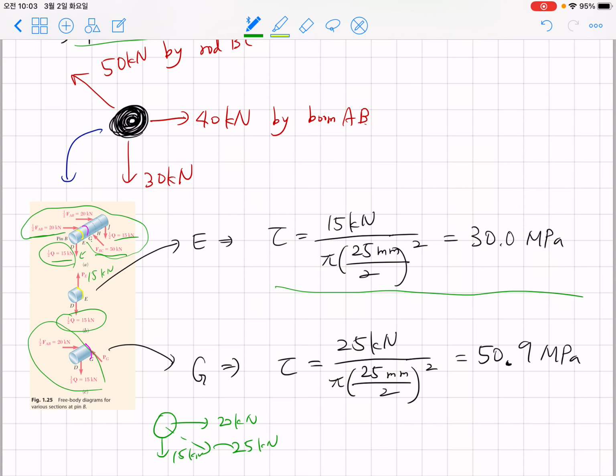To balance at the right side of G, you should have another 25 kilonewton. So you can obtain the shear stress acting on cross-section G, which is 50.9 megapascal.